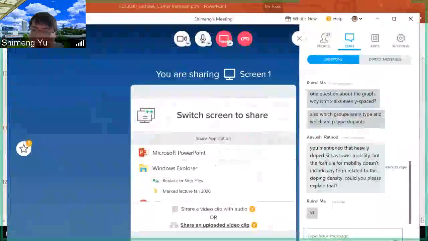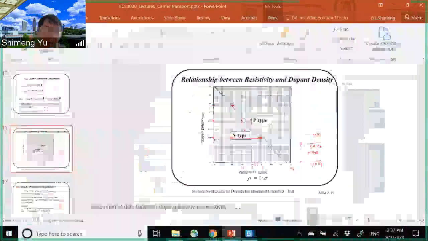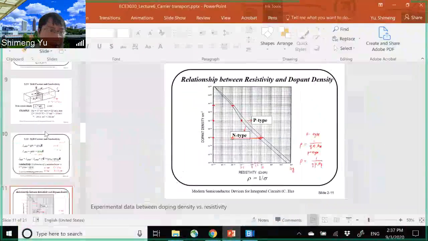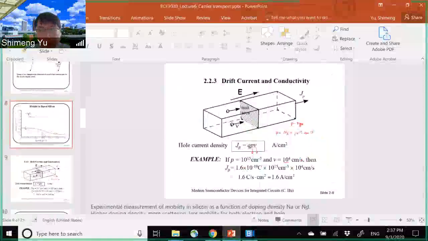The other question is, you mentioned that heavily doped silicon has lower mobility, but the formula for mobility doesn't include any term related to the doping density. Could you explain that? Okay, so the mobility actually depends on the doping density.